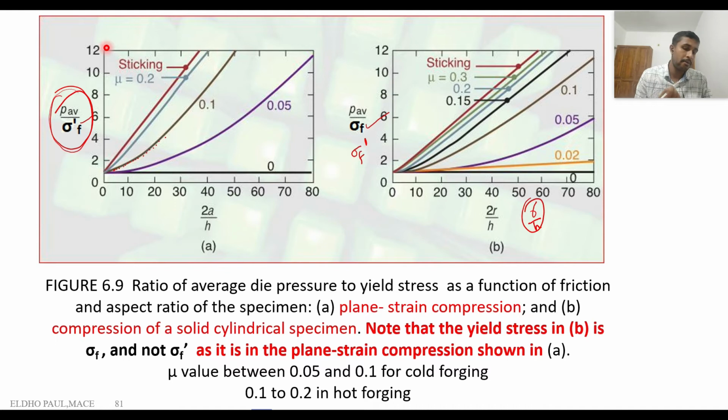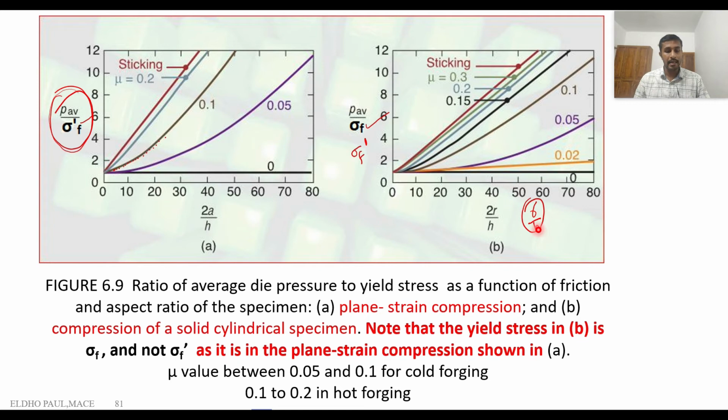So a higher amount of pressure is required here for the same value of A by S ratio and mu value. The rectangular workpiece required a higher value of pressure for the deformation compared to the cylindrical workpiece.